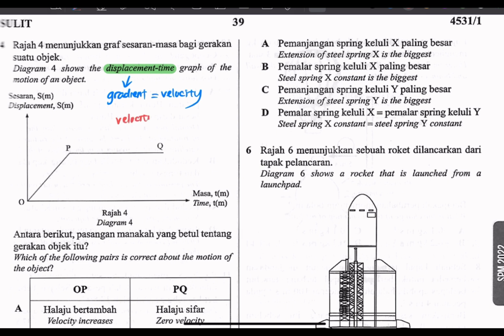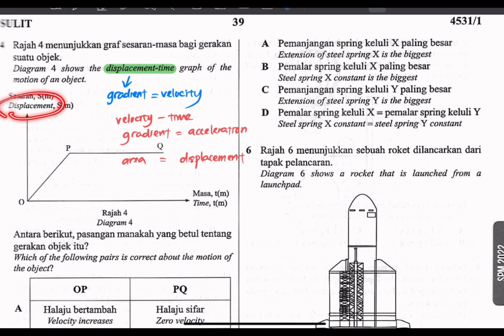Another one is the velocity against time. Velocity against time, the gradient will be equal to the acceleration. And there's one more thing, the area under the graph will represent the displacement.